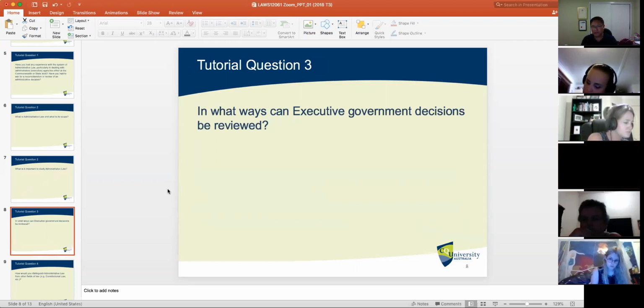That is a crucial point, because when we speak of executive government decisions, and somebody has already talked about judicial review or merit review from Sarah, the conventional ways by which you seek a decision of the executive to be reviewed is either through the courts, through the system of judicial review, or through merit review, which is through the administrative tribunals, such as the Administrative Appeals Tribunal in the federal government.